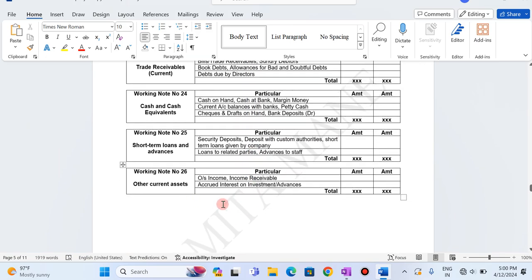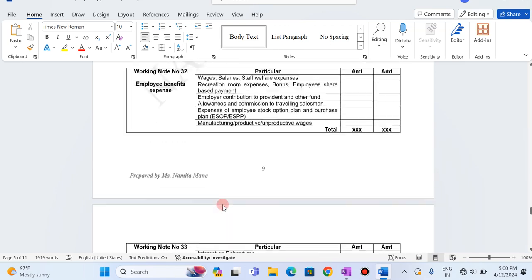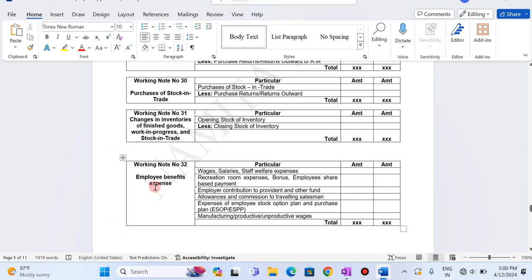Why I have given working note number 32 for salary, because the heading of salary is employee benefit expenses, and salary is a part of employee benefit expenses. That's why, according to my notes, employee benefit expenses note number is 32.